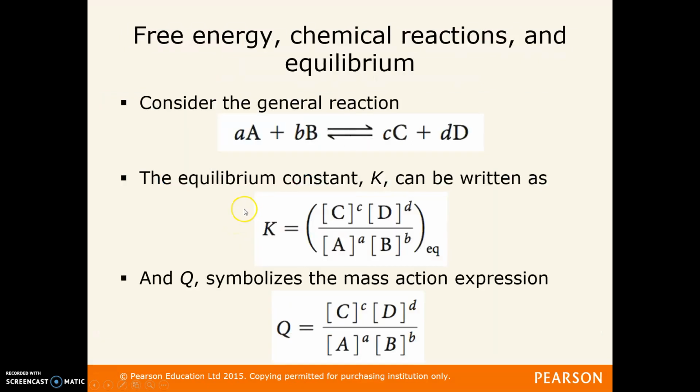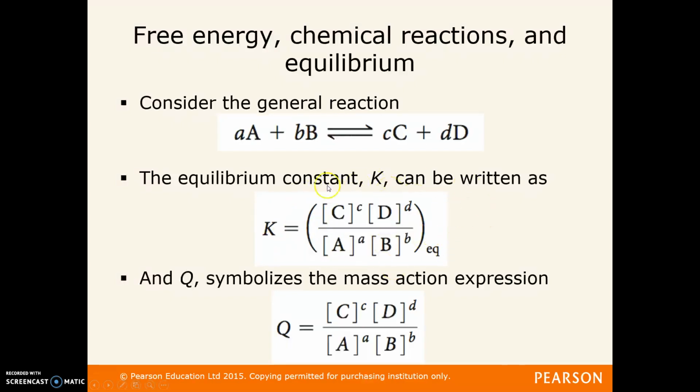Something else to consider is the concentration of things. So if you remember this general paradigm, we have the reactants and the products, and we can write this into an equilibrium constant where we have the concentration of the products raised to the power of the number of moles, and we have products over reactants.